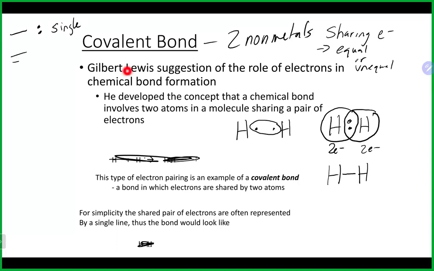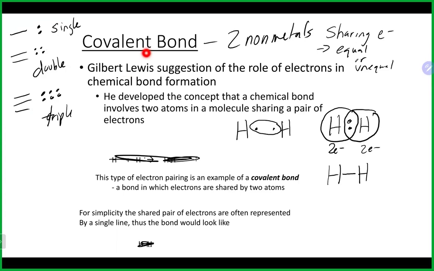You could have, as we'll see a little bit later, two lines, which is the sharing of four total electrons or two pairs of electrons, and that is a double bond. Or you could have the three lines there, which is a triple bond, the sharing of six electrons or three pairs.